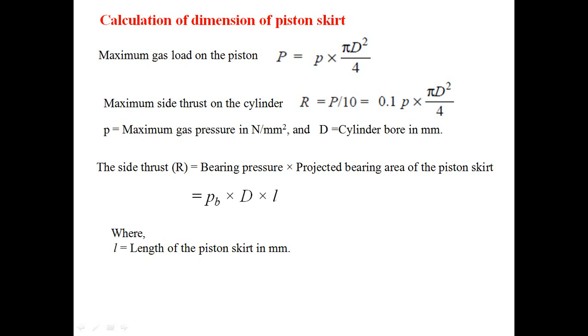R is equal to P by 10, that is 0.1 small p multiplied by pi by 4 D square. The value of radial thrust will be equal to bearing pressure multiplied by the projected area of the piston skirt, that is Pb into D into L. So by using these relations, you can easily calculate the value of small l, the length of the skirt.